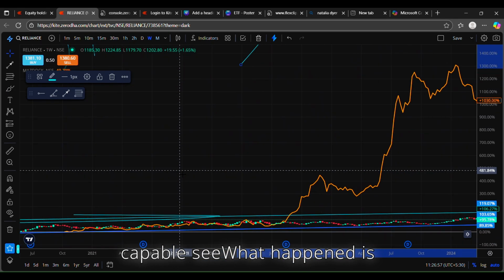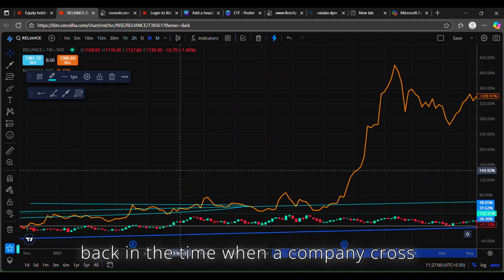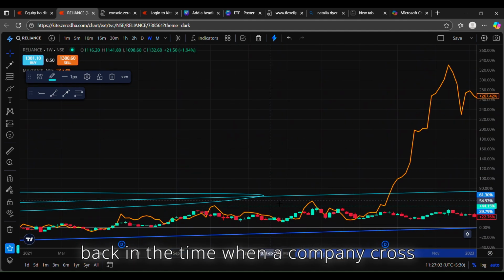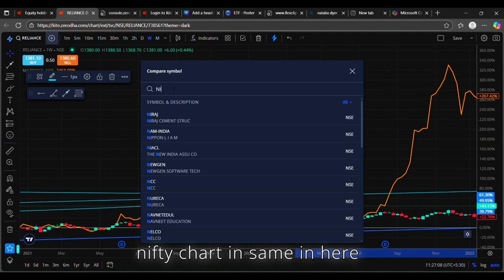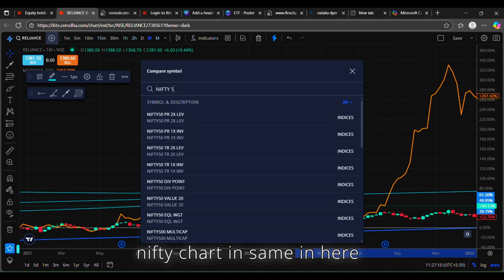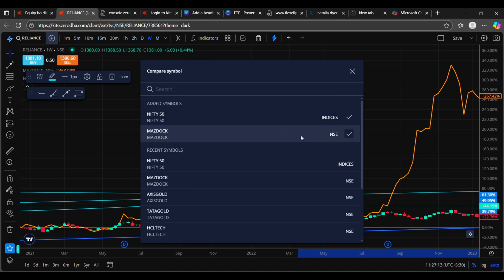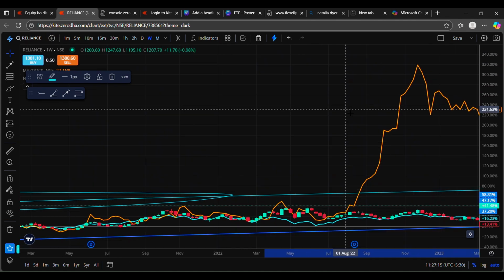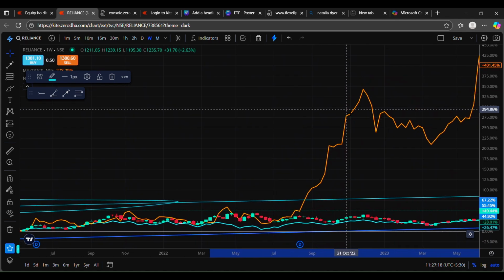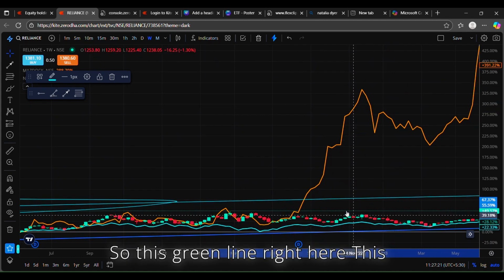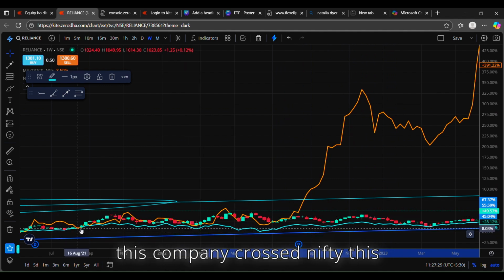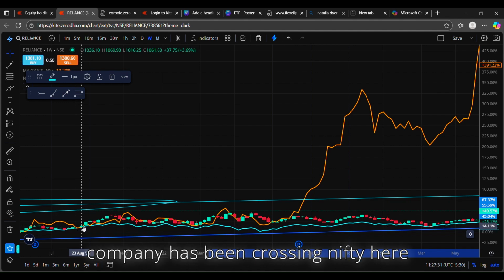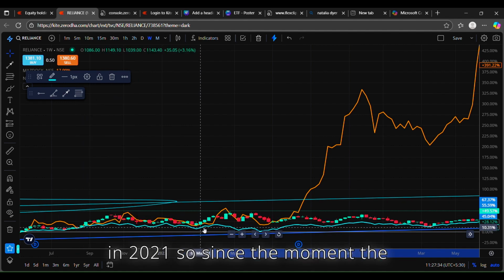See, what happened is back in the time when a company crossed Nifty, I will just show you a Nifty chart and same in here. So this green line right here, this one is the Nifty's. So the moment this company crossed Nifty, this company has been crossing Nifty here in 2021.